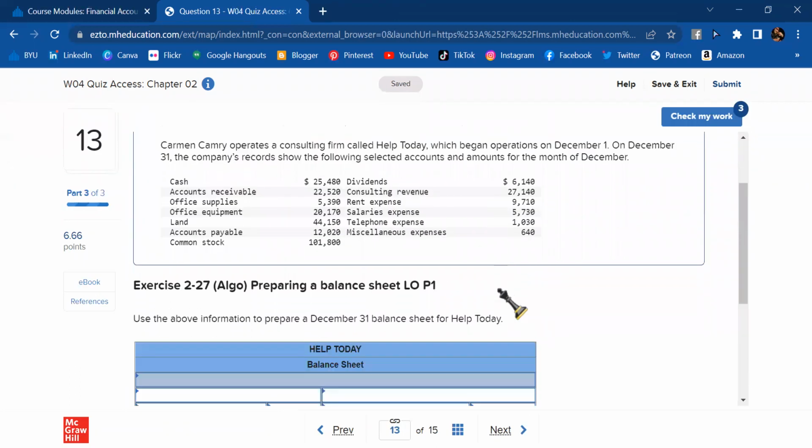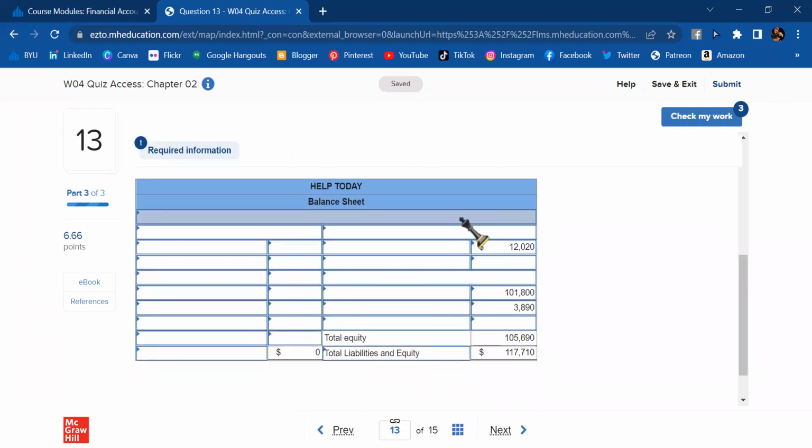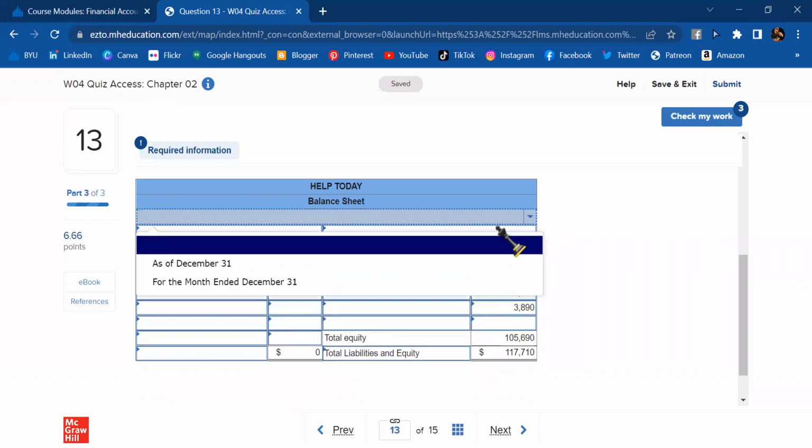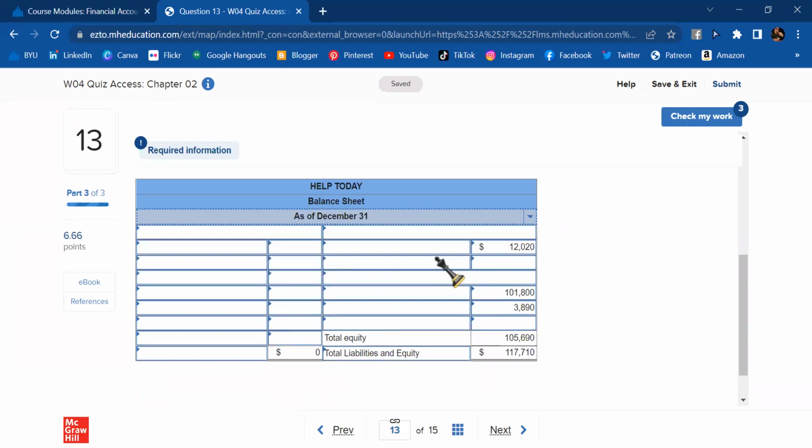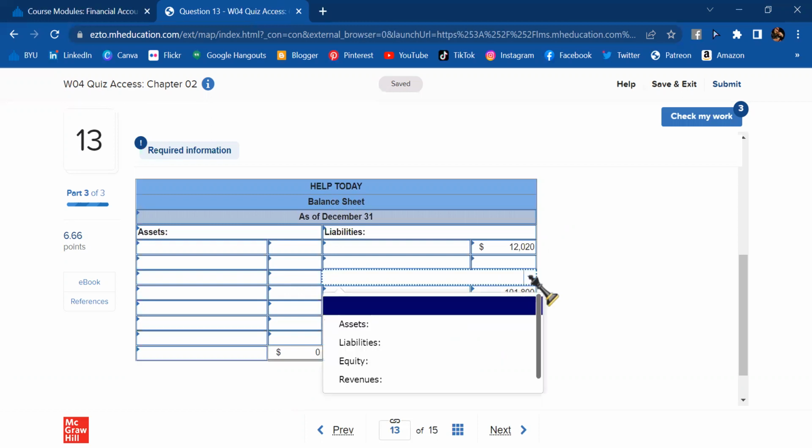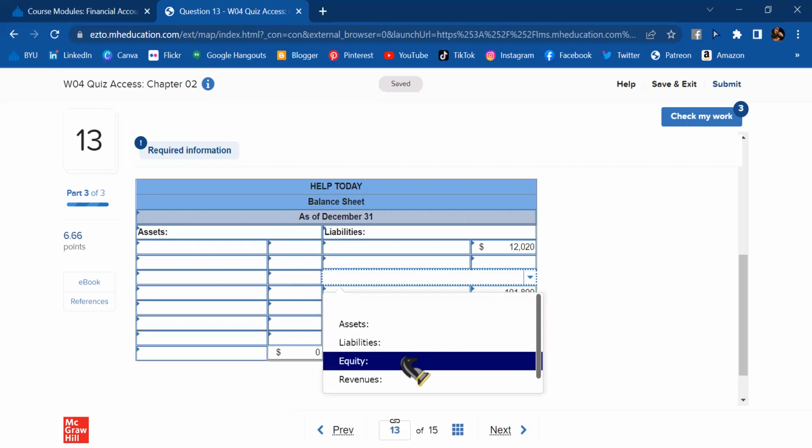And then the last one is our balance sheet. This is the one where we do the different date thing. We come up here and set our date as of a single day instead of a month ending. Then this is going to be our assets, and this side is going to be our liabilities, which is also separated into the equities.